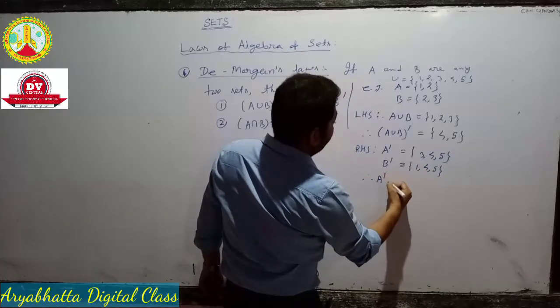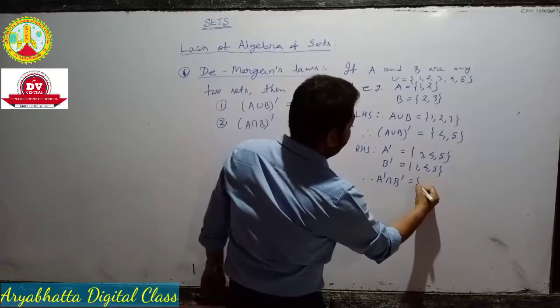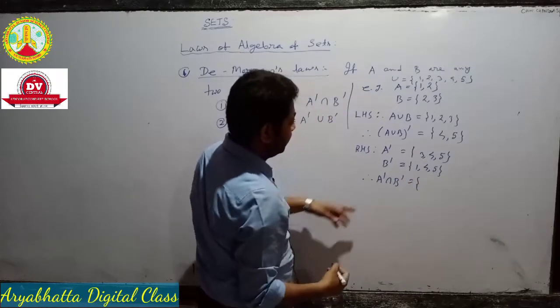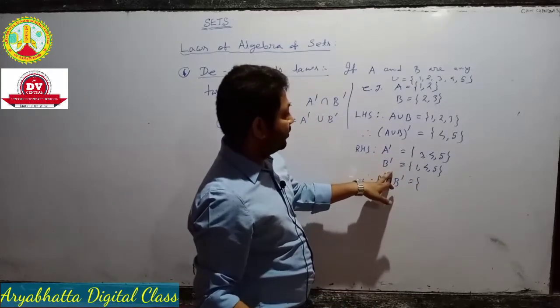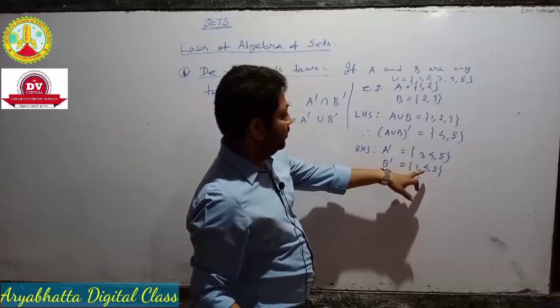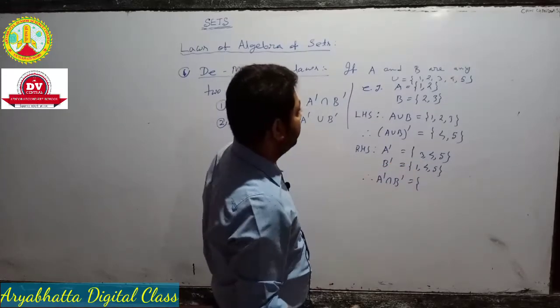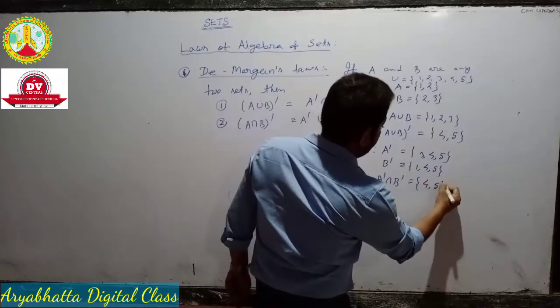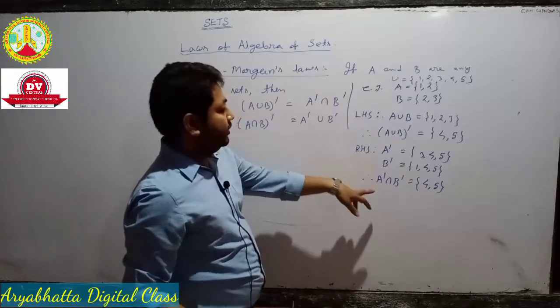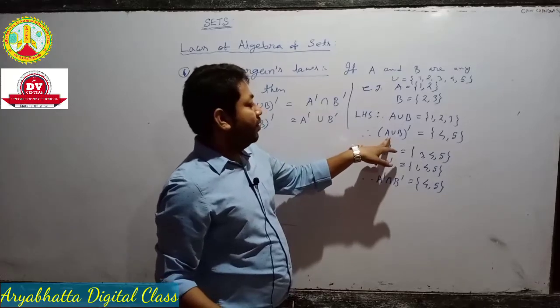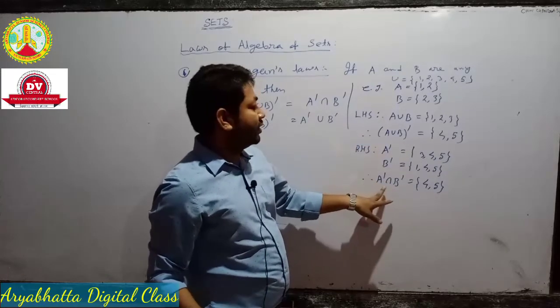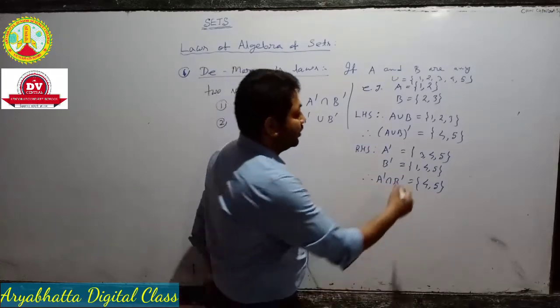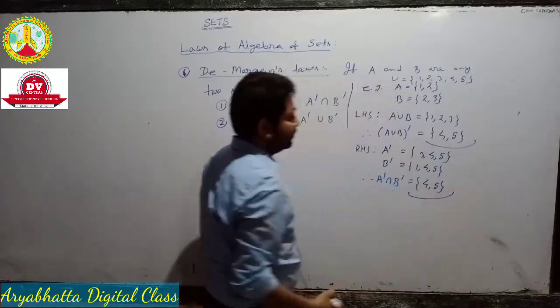Therefore, complement of A intersection complement of B: the common elements are 4, 5. Therefore, the left hand side is equal to the right hand side. Complement of (A union B) is equal to complement of A intersection complement of B, because this is equal to this.